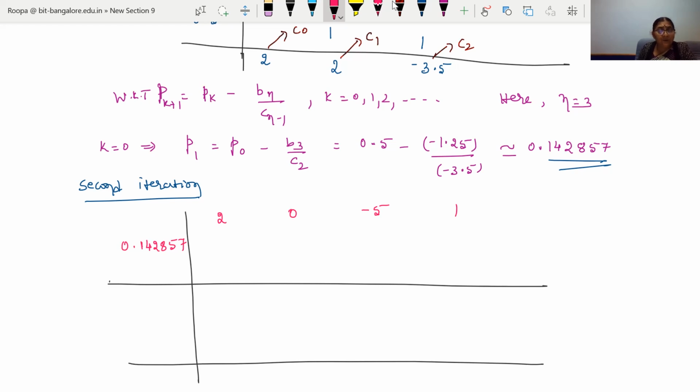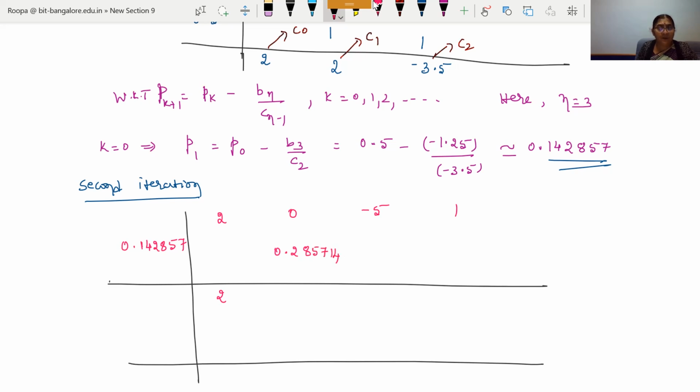Now we have to take once again the first value 2. 2 into 0.142857, you multiply that, we get 0.285714.